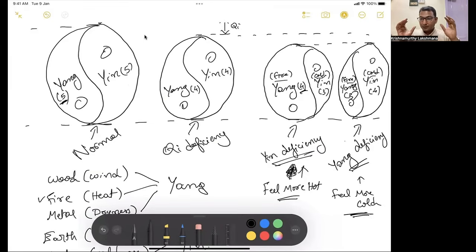Along with that, functioning has become reduced. Say they're now able to climb only 3 floors, but along with that, they feel more cold in the hands. So what has happened? Along with the qi being reduced, the balance between the yin and yang has also shifted.